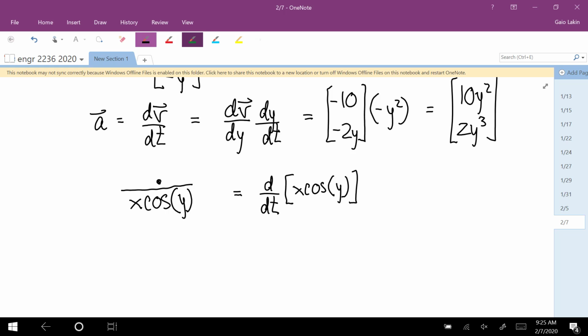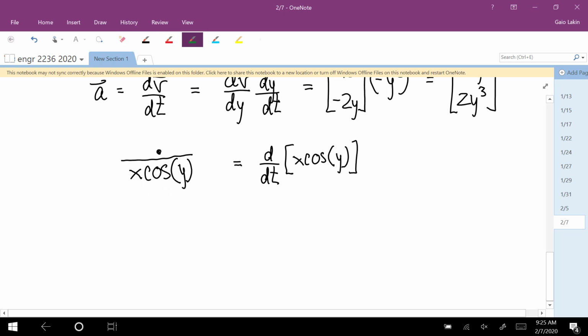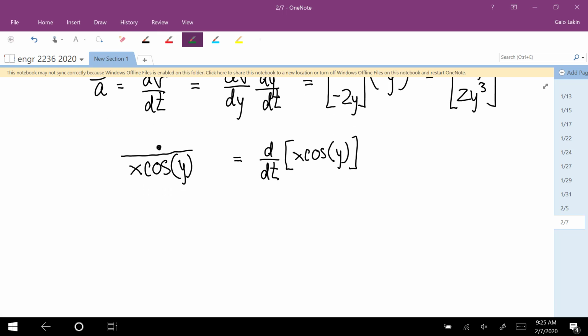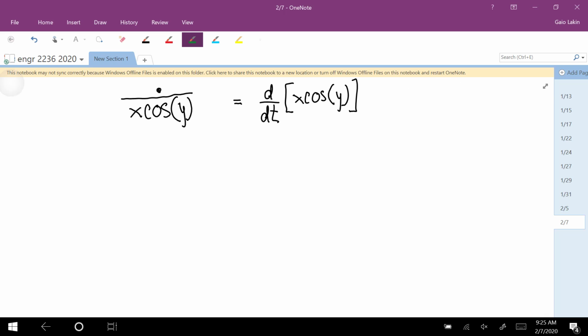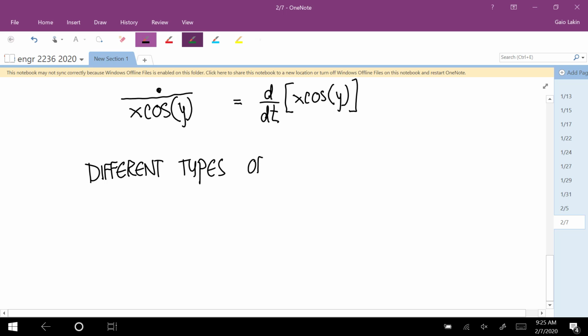Okay, so homework questions. Before I get into specific homework questions, you were saying that you were confused because there's all these different types of acceleration. Okay.